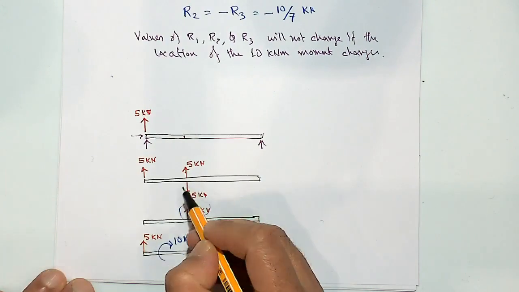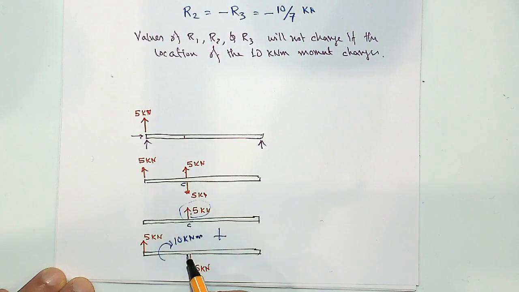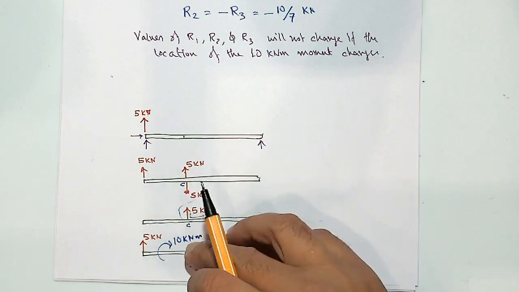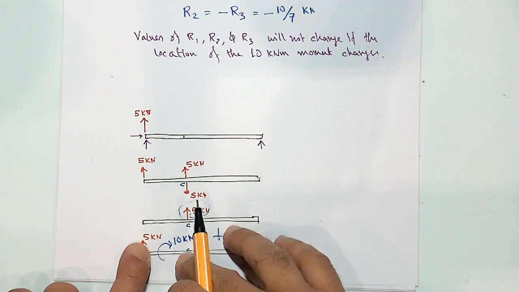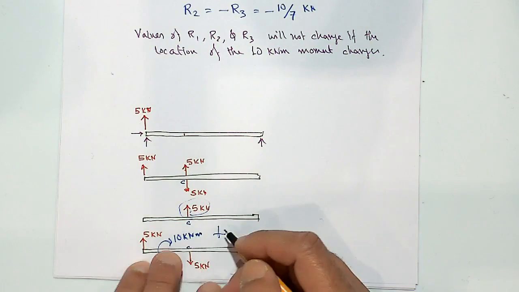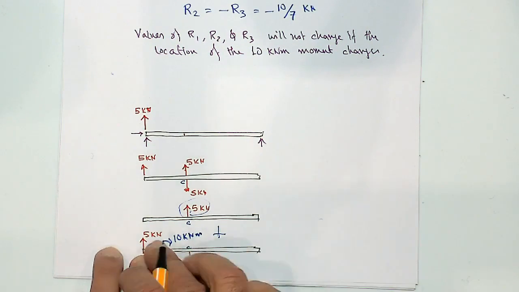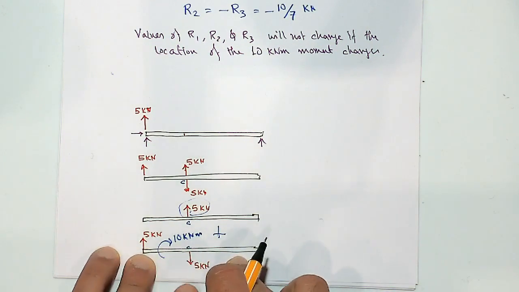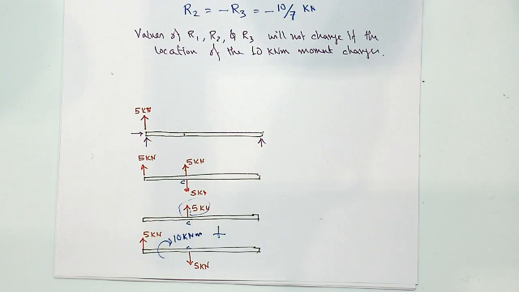This could be point C. Then the 10 kilonewton meter moment, wherever it is on this beam, middle or distant, the effect is the same for reaction force purposes anyway. Okay, thanks. That's a good question. Any other question?